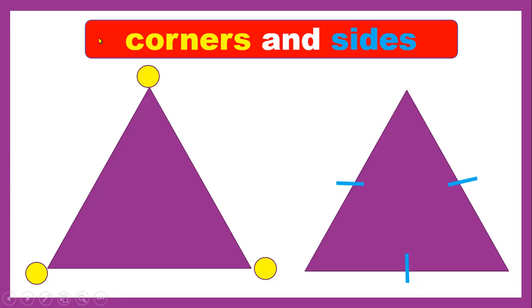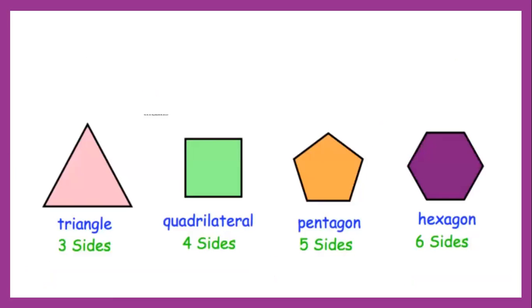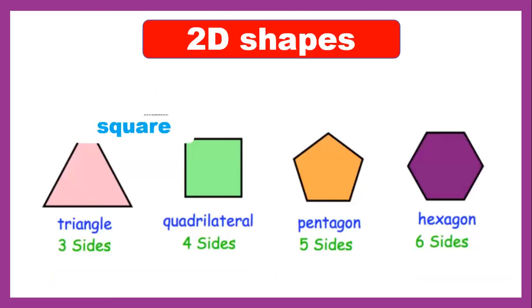And the blue ones are sides, 1, 2, 3. So this triangle has 3 sides and 3 corners, and this is a 2D shape. We have more 2D shapes: a triangle, 3 sides, square, 4 sides, pentagon, 5 sides, and hexagon, 6 sides.